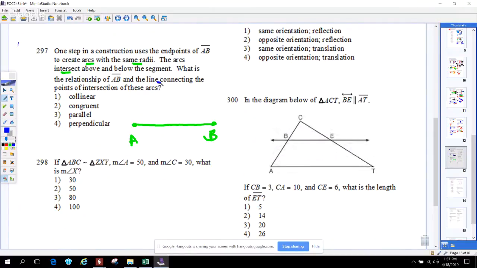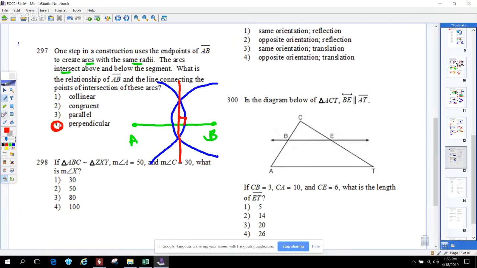So we're going to make an arc here that intersects and an arc here that intersects. What construction is this? Perpendicular bisector. Yep. Choice 4.